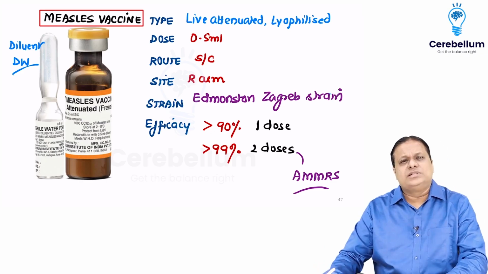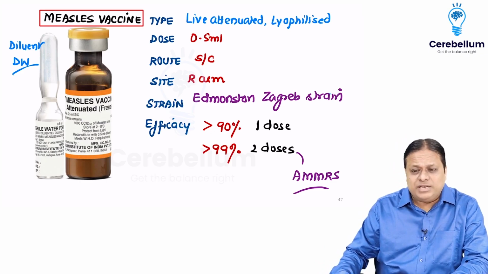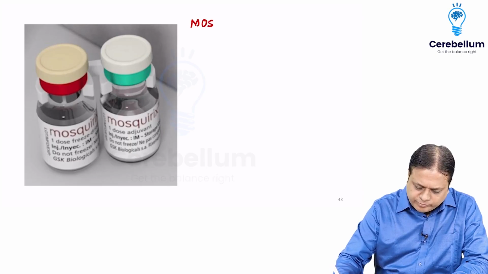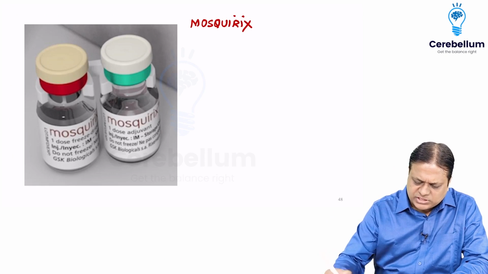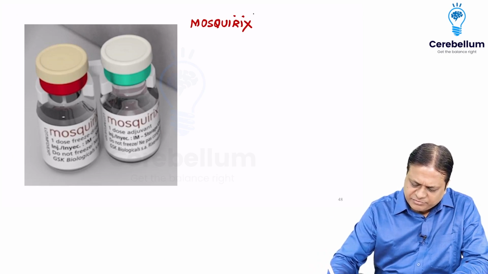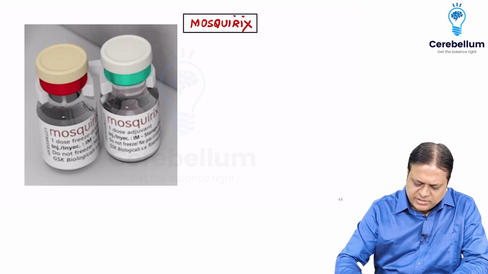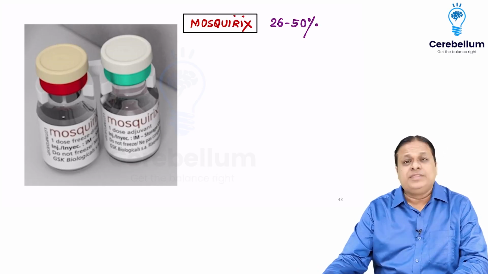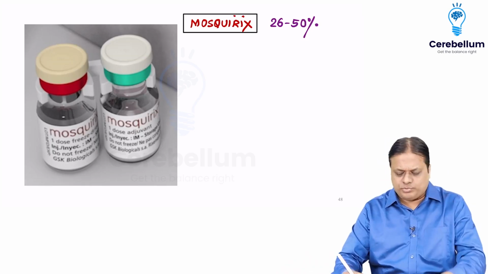Which is the world's first and only licensed malaria vaccine? That is Mosquirix, currently launched in Africa, available in Africa. This vaccine, which has a protective efficacy of 26 to 50%, is derived from 2 components.